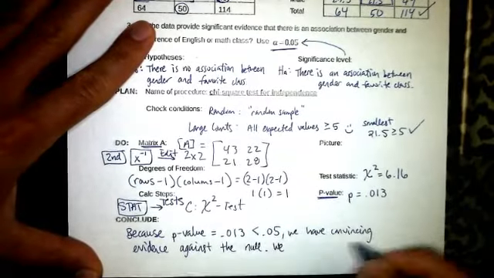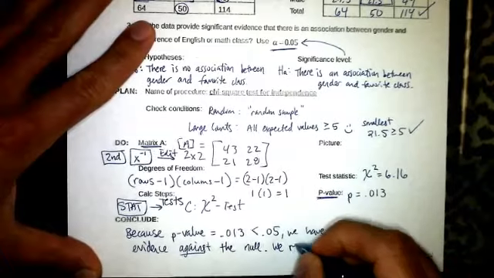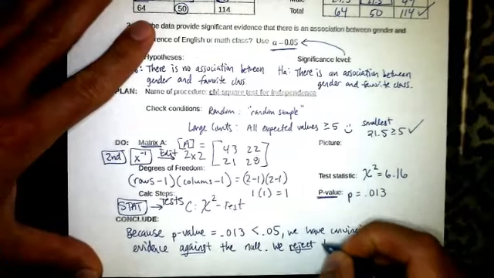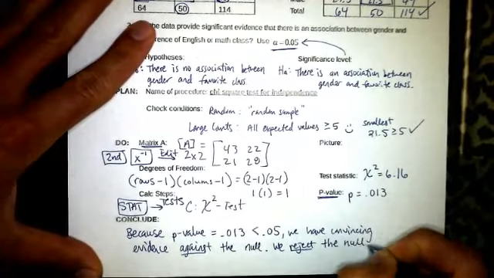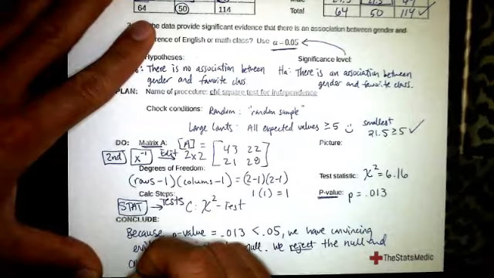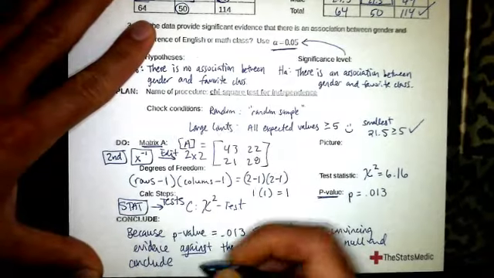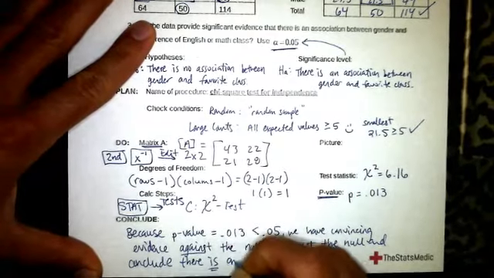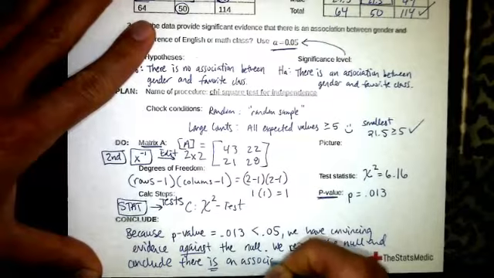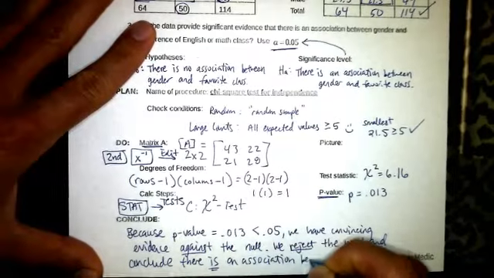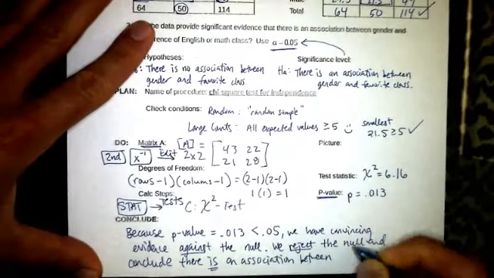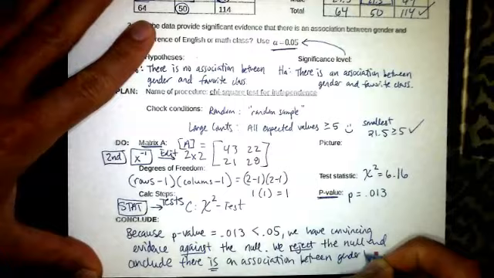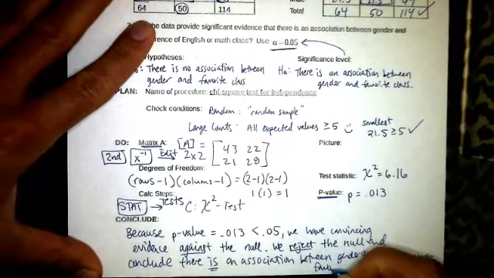So because we have convincing evidence against, we'll reject the null and conclude there is an association between gender and favorite class.